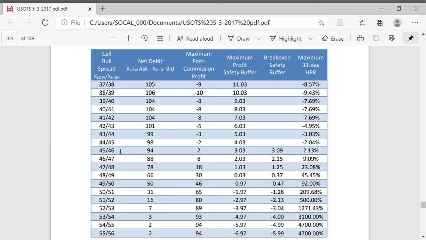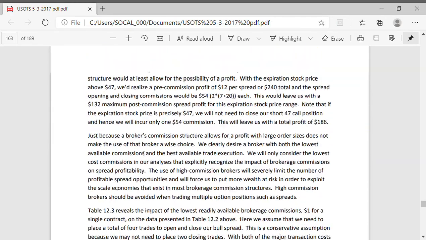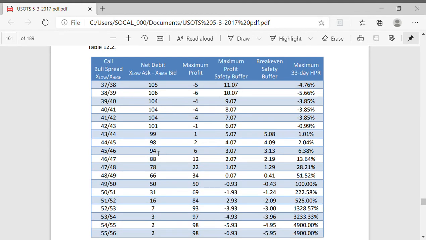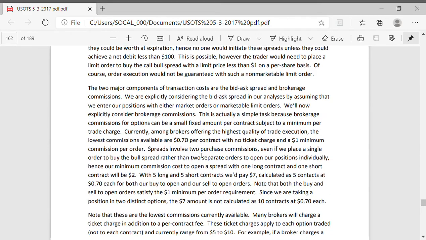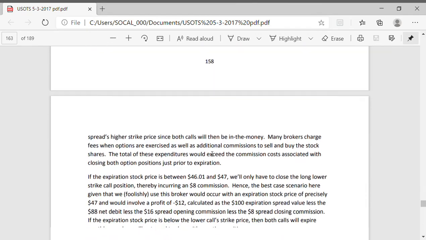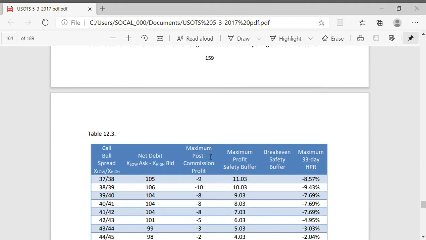So here, the first one that's potentially profitable is the 45.46. But back when we ignored commissions, the first one that was potentially profitable was the 43.44. Okay, so keep that in mind. The existence of commissions reduces the number of call bull spreads in the series that would be profitable.